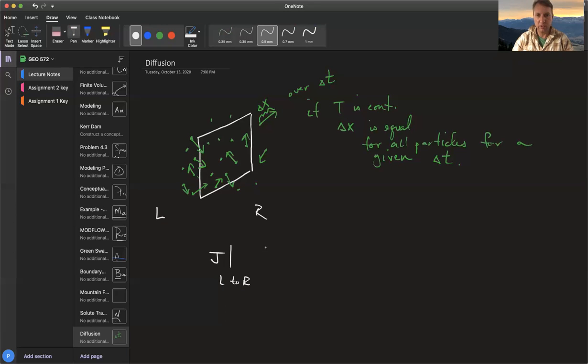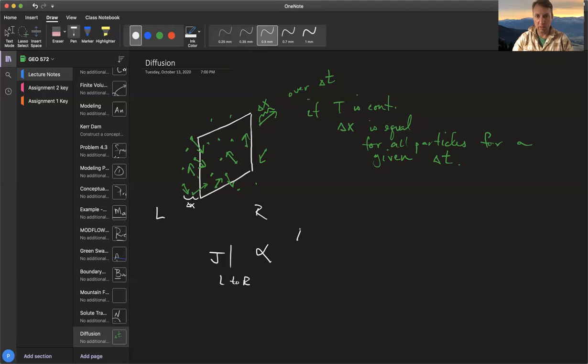It stands to reason that it's proportional to the number of bits within delta x from my plane, right? If you can move delta x, then the number of bits outside of delta x doesn't really matter, but the number of bits within delta x does matter.